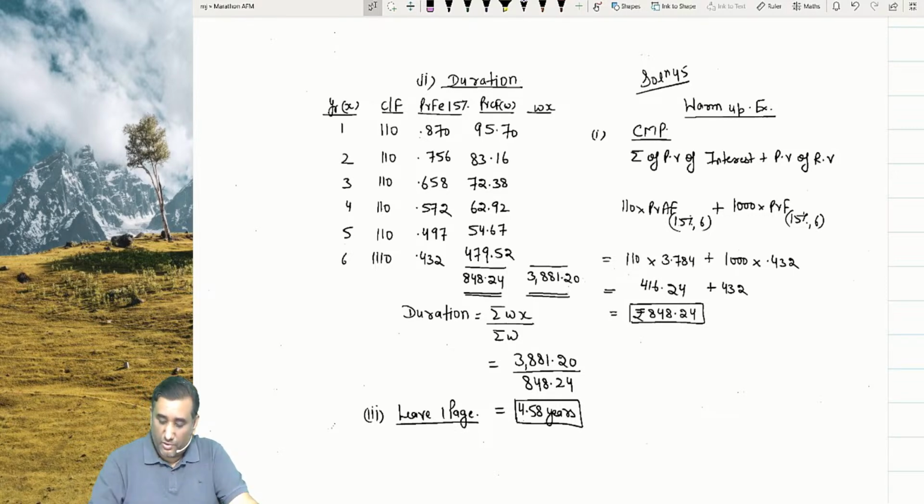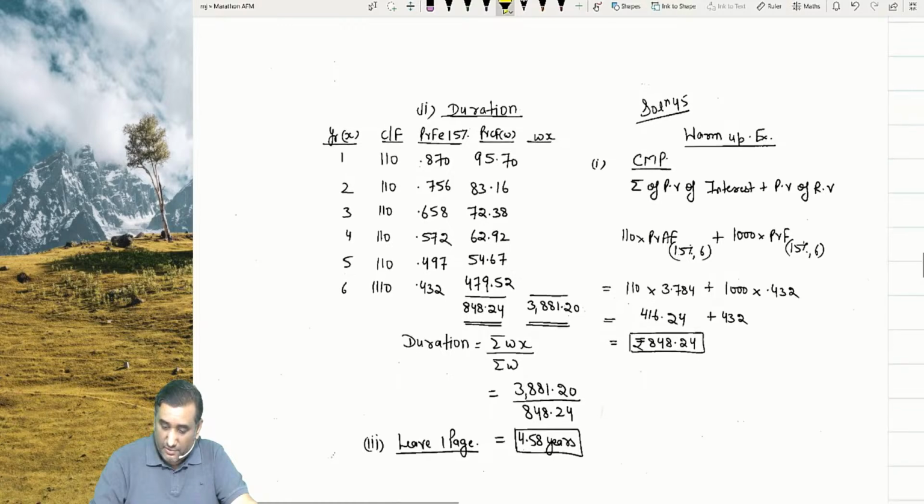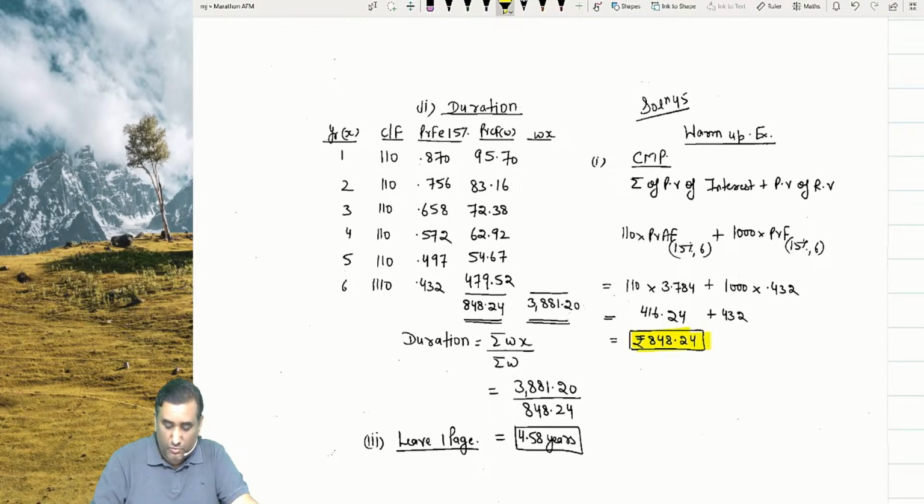Current market price of the bond should come 848.62 or 24, I am getting, you can get 6. Duration of the bond I am getting is 4.58.